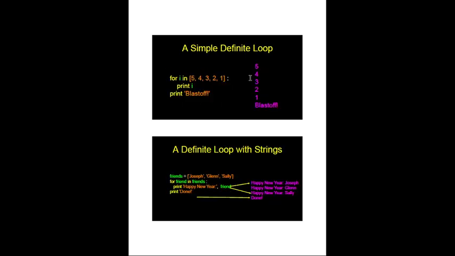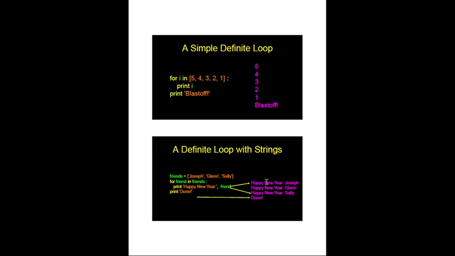Now I'm having here a set of values. This will be executing with each of those values for the variable i. So i will hold 5 now, and then next i will hold 4, then i will hold 3, and like that it will keep on going. In the same way, friend will first be Joseph, then friend will be Glenn, and then friend will be Sally.